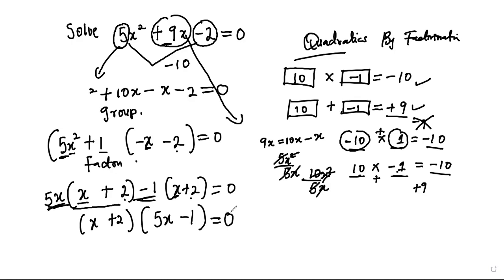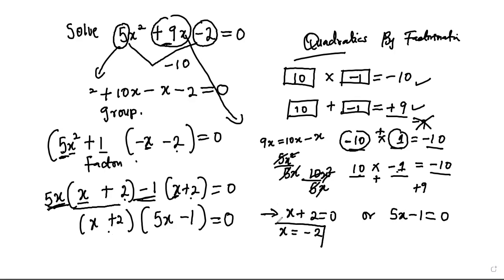Now, at this point, the next thing you want to do is equate each of these factors to 0. So if I equate x plus 2 to 0, I'll have x plus 2 equal to 0, or I'll equate 5x minus 1 equal to 0. And from here, x is just equal to minus 2.